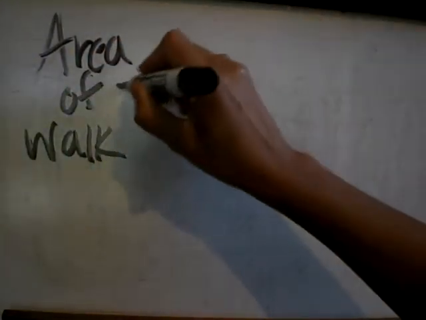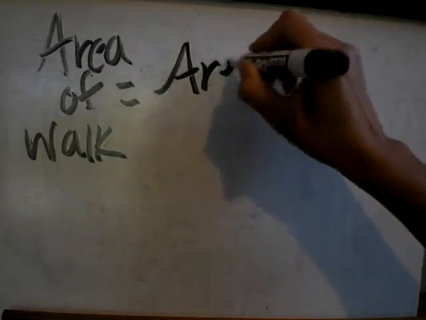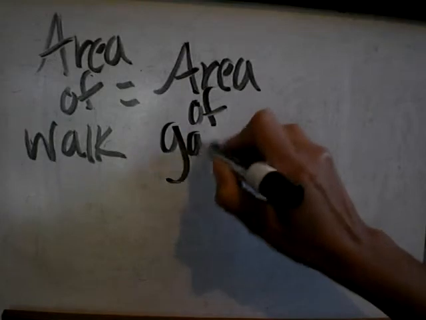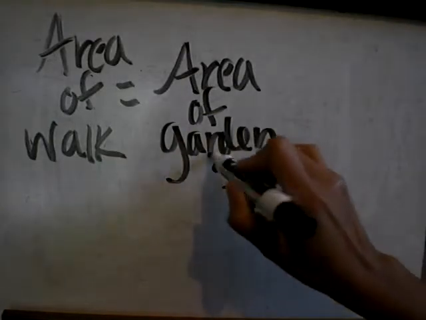Okay, so we know that big rectangle minus the small rectangle will give us the area of the walk. Actually, if you would like to write it out, you can say this: the area of the walk equals the area of the garden and walk.